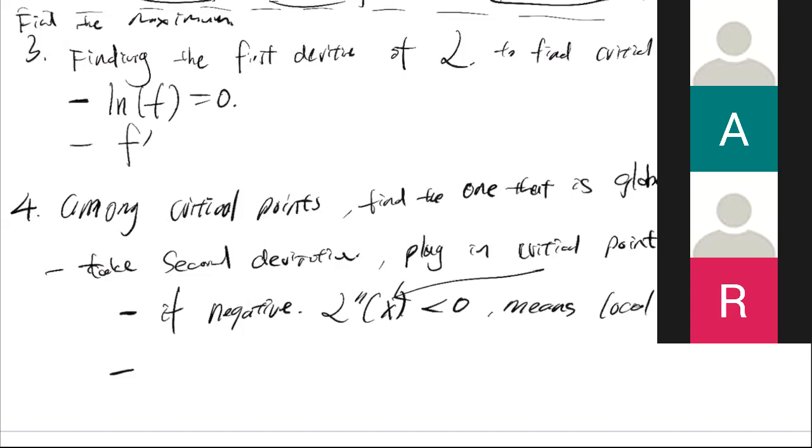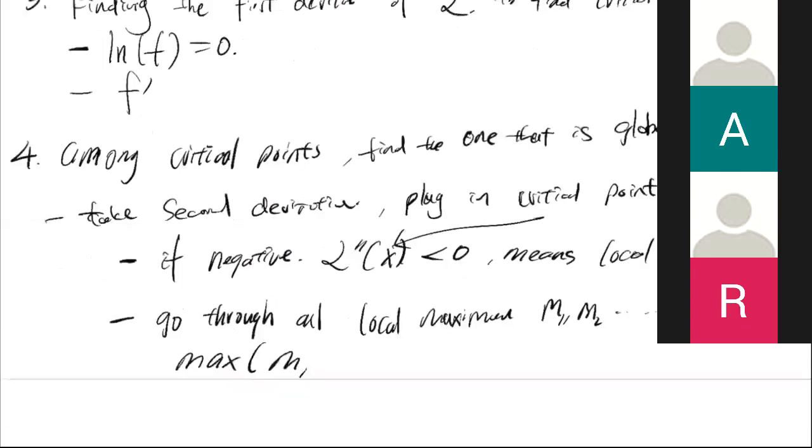Then you go through all local maxima, let's say M1, M2, up to MK, and find the max of M1, M2, MK.